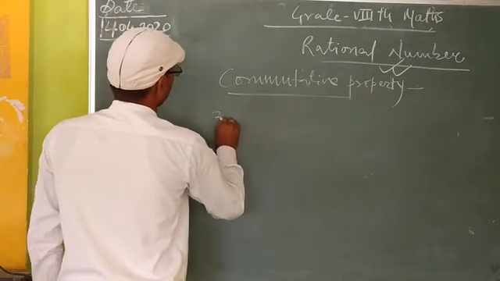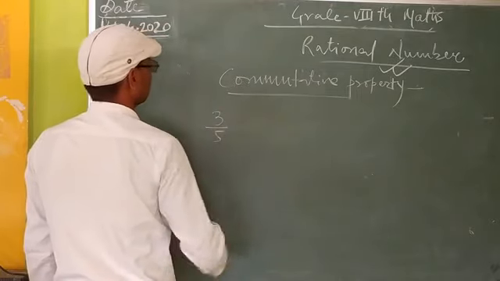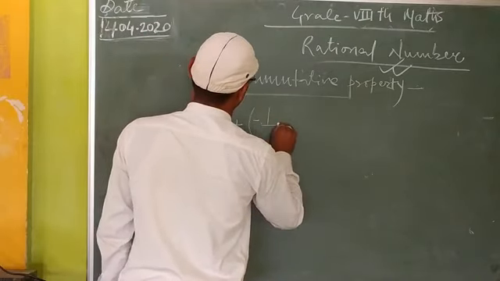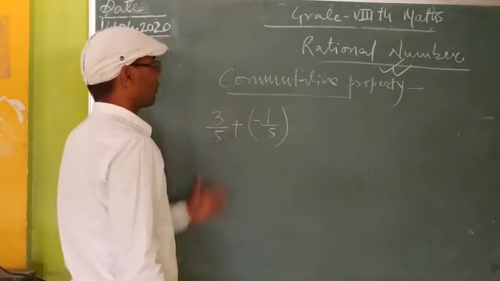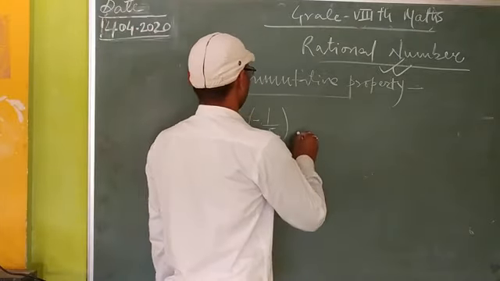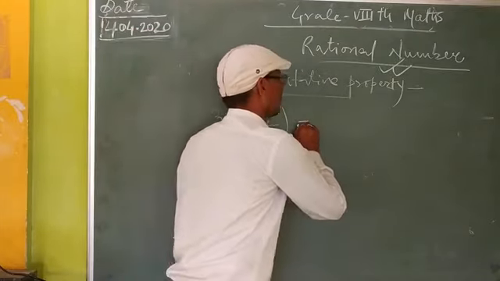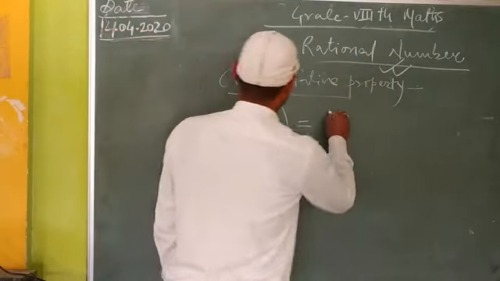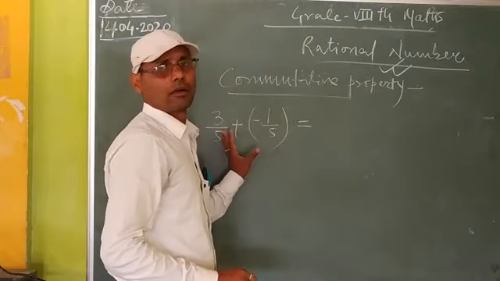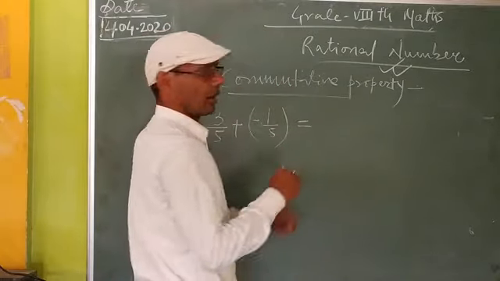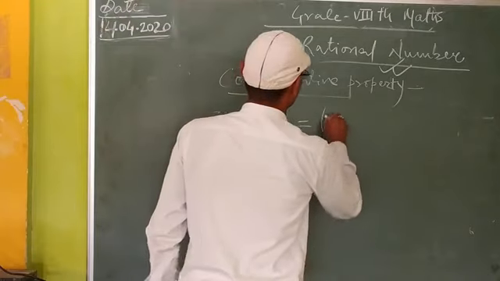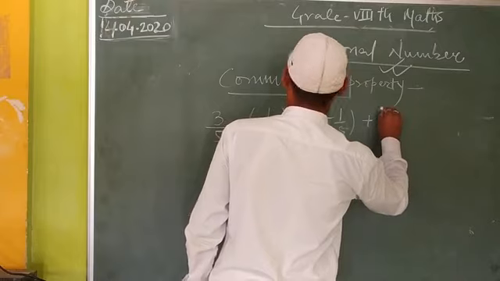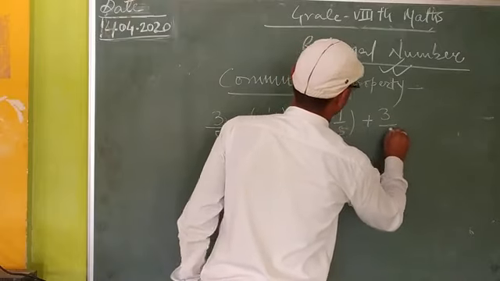Suppose 3 by 5 plus minus 1 by 5. Commutative means if we add it, what will be its result? And this is similar. Now I am going to change the side: minus 1 by 5 plus 3 by 5.